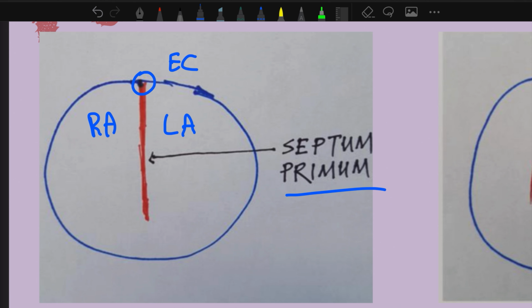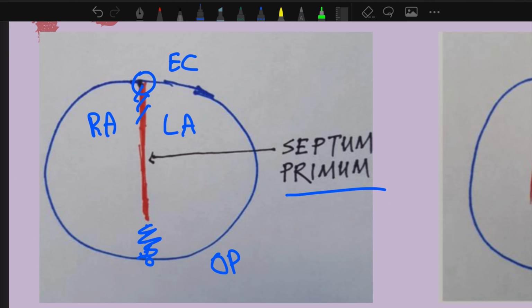Then it keeps growing down, leaving this part empty, till it hits the wall. This empty part is called the ostium primum.